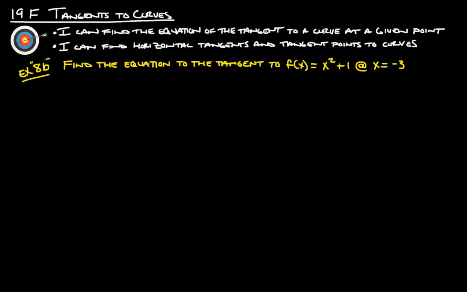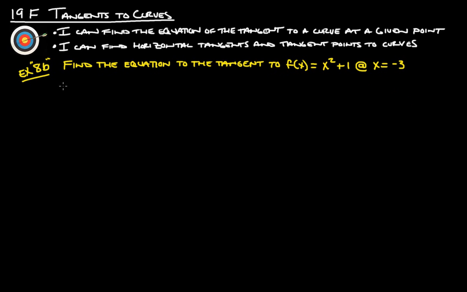This is example 8b. Find the equation of the tangent to f of x equals x squared plus 1 at x equals negative 3. Same exact equation, now we're just going to find the equation of the tangent line at a different point. Let's go through the same steps again.